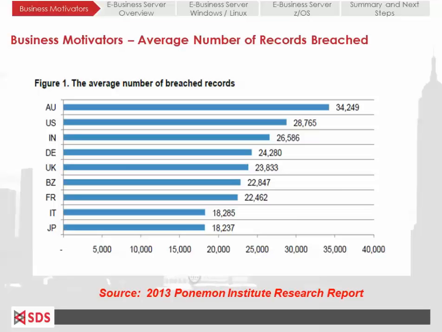Our sample of Japanese organizations, on the other hand, experienced the lowest average number of breach records at about 18,000. Now, by design, the data breach cases included in this research study had a minimum value of 1,000 records and a maximum value of 100,000 records. We don't include data breach cases in excess of 100,000 records because this would adversely affect the findings, and it's not really representative of the data breaches most companies experience.